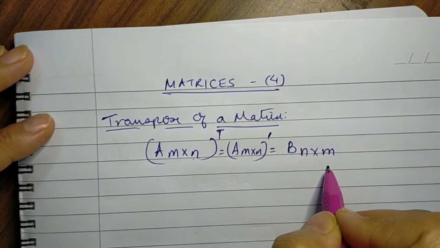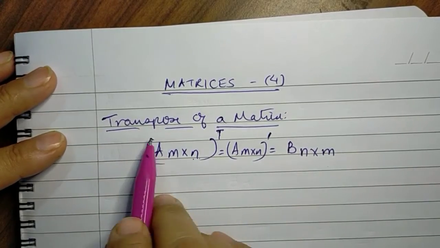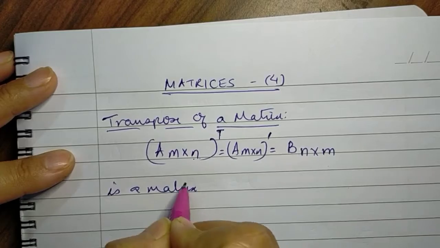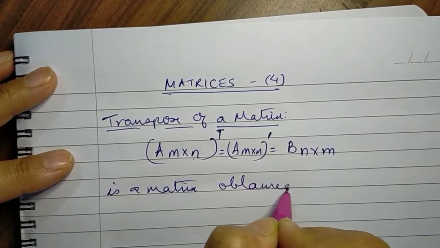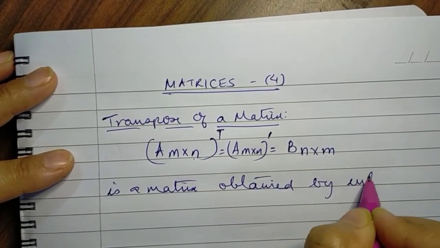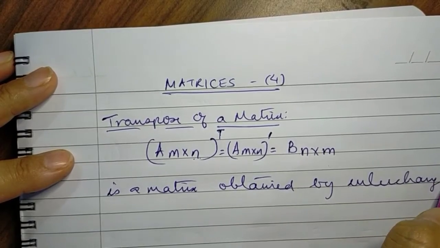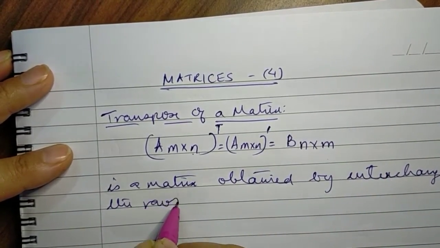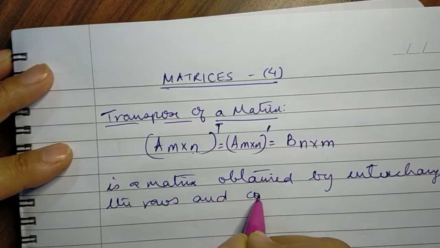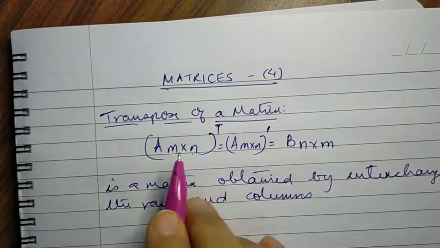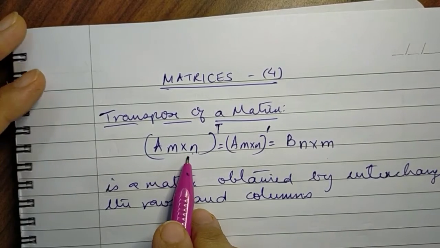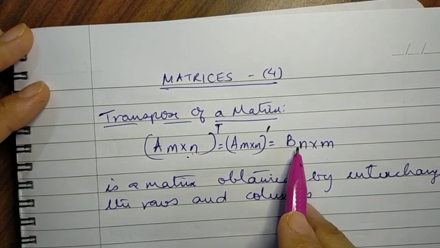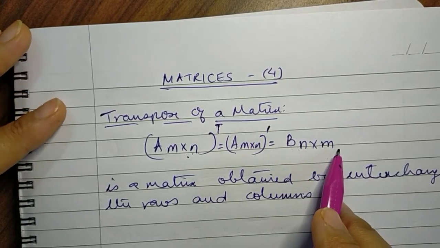Okay, so I'm again repeating, transpose of a matrix is a matrix obtained by interchanging the rows and columns. So obviously if it's a matrix having m rows and n columns, the transpose will be another matrix having n rows and m columns.